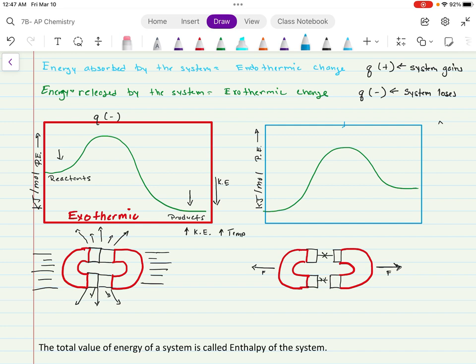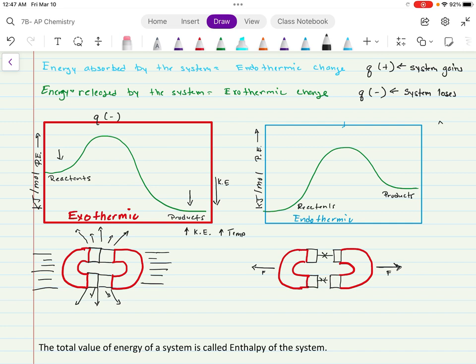If we go to the other side and we take a look at an endothermic reaction, right, we see that the energy of the products is actually higher than the energy of the reactants, right? So here are our reactants.